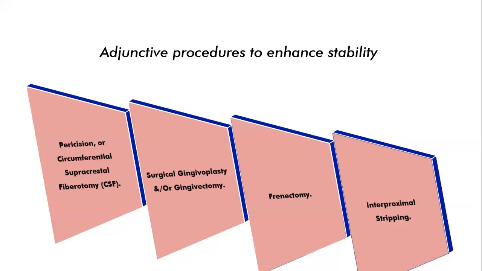Now, where do you require permanent or long-term retention? What cases do you think? Rotated teeth, very good. Diastemas, spacings, abnormal musculature, periodontally compromised cases. Also in a transverse direction, where will you have transverse collapse?